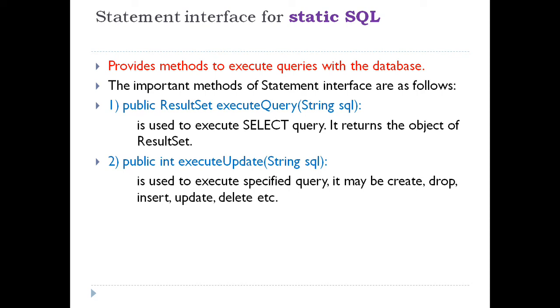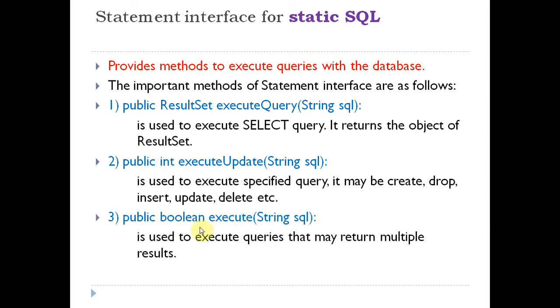If it is correct it returns a positive value, otherwise it returns a negative value. So the return type is int. Okay, then boolean execute is used to execute queries that may return multiple results. So these are the different methods available in the statement interface, and the statement interface is used to create static queries.